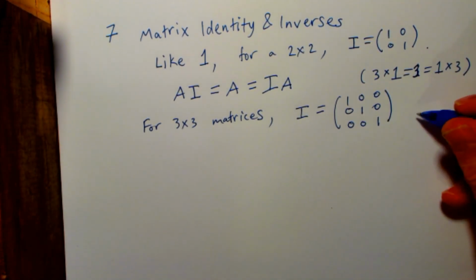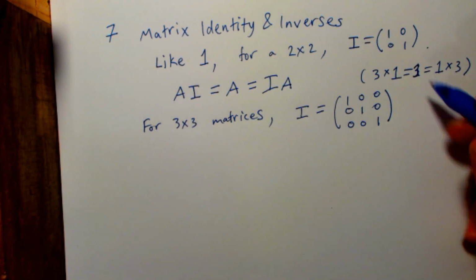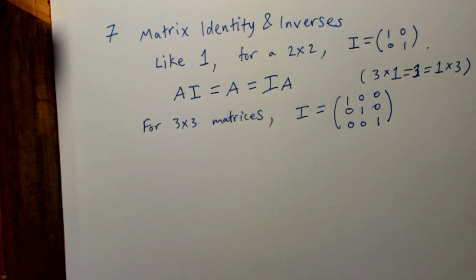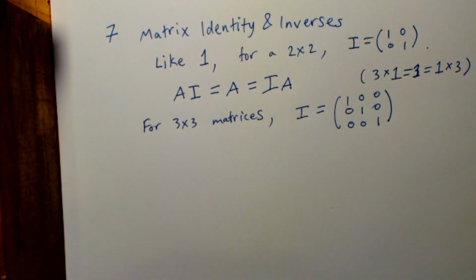Okay, and again we have AI is equal to A, which is equal to IA. But of course you could multiply a matrix with 3 columns times I and say 4 rows, and you would hope to get back the matrix A, as you would. Right? However, if you reverse that, that would not be defined.